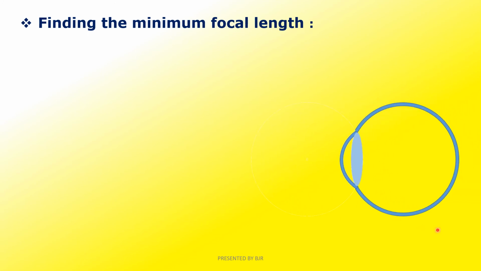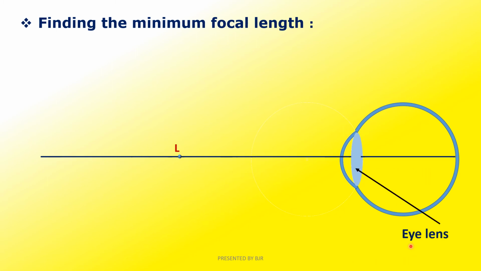So here is the eye and this is the eye lens, and this one is the principal axis. Let us put a point object on the principal axis at the least distance of distinct vision.